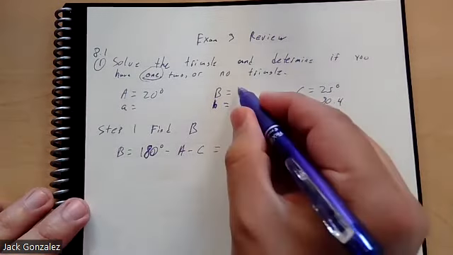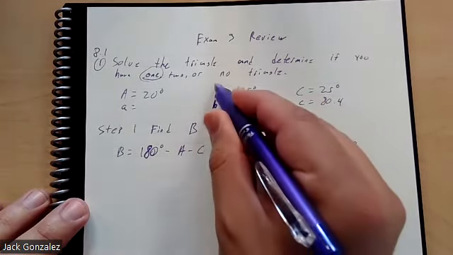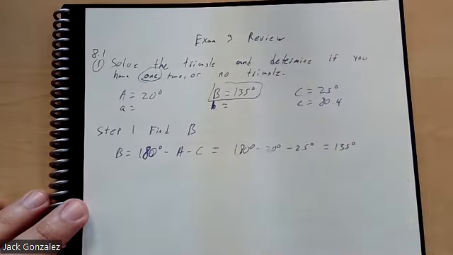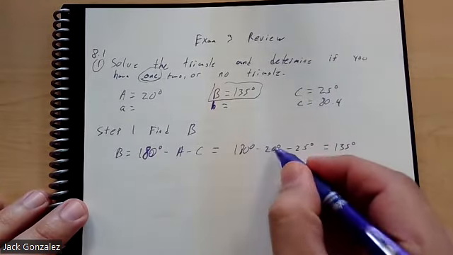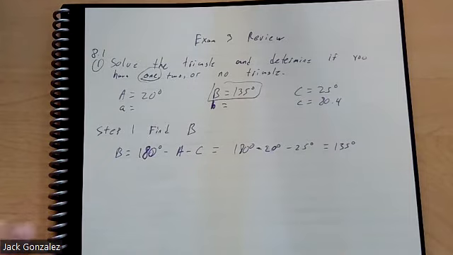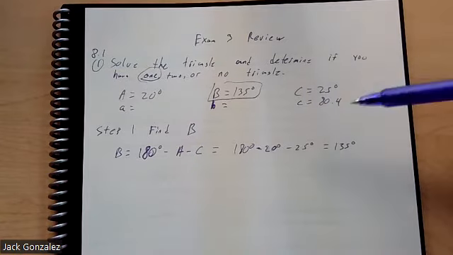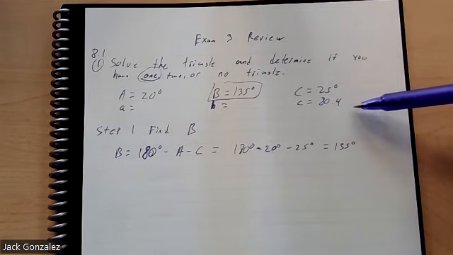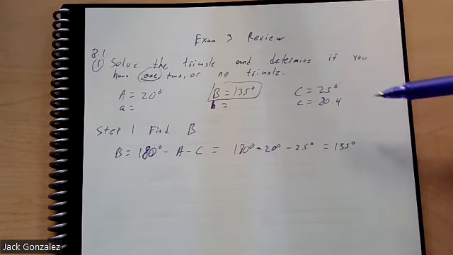So we have B. I'm going to box the ones that we find. And all we have to do really is find A and B using the law of sines. Okay, since we have an angle and its opposite side, you can do law of sines. This is going to be case 1, I think.